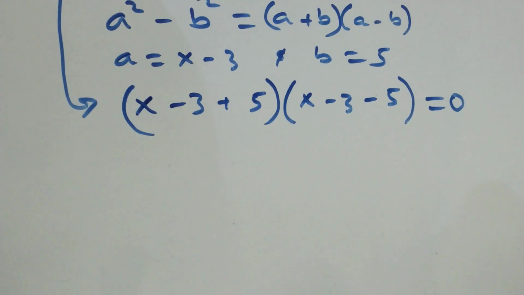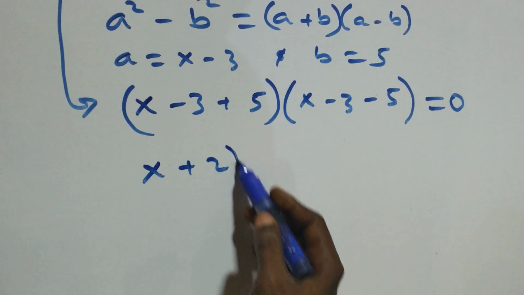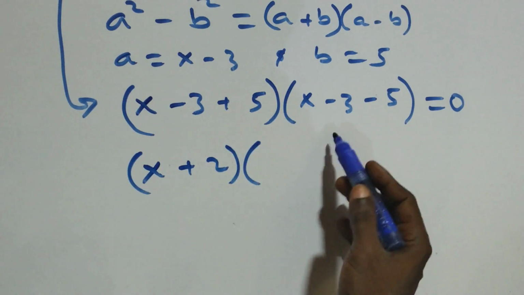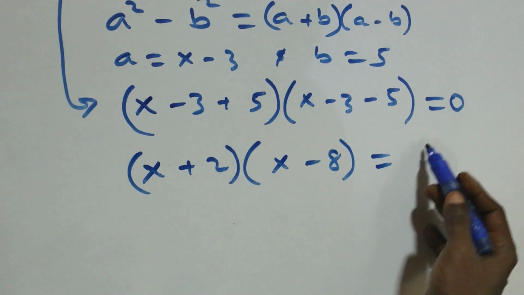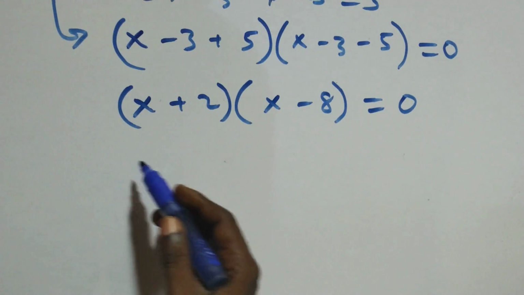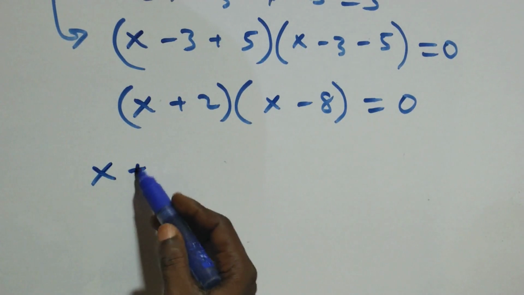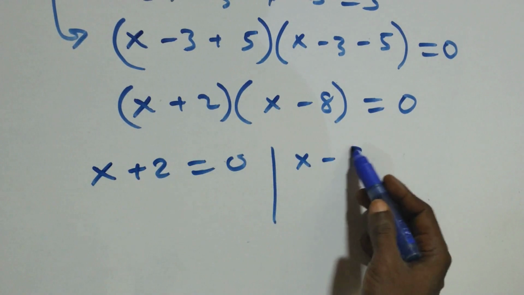That is, this here we have (x plus 2) into bracket, and also open bracket (x minus 8) close bracket equals to 0 here. Then, which implies we have two possible cases here. The first one we have x plus 2 equals to 0, or we have x minus 8 equals to 0.